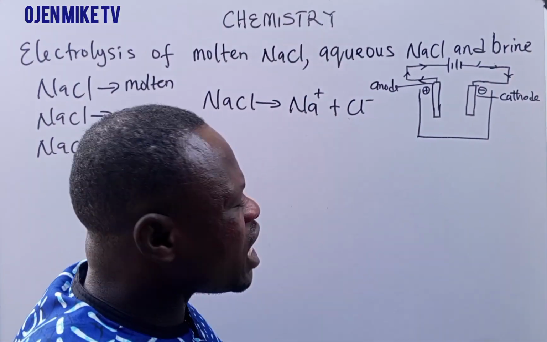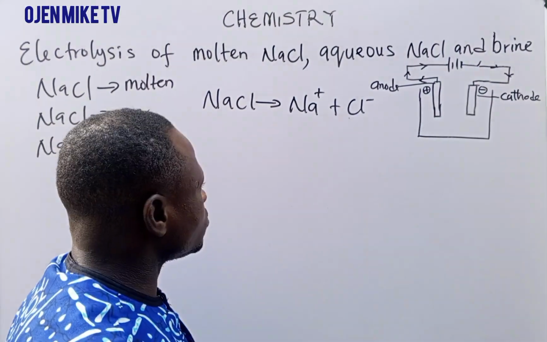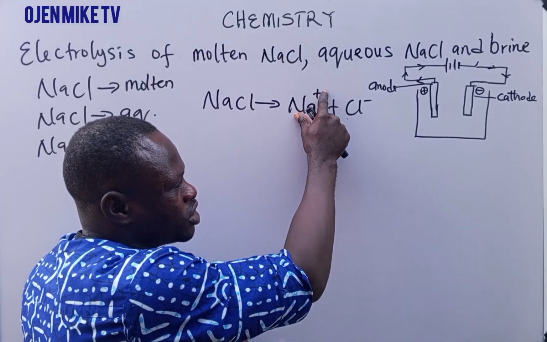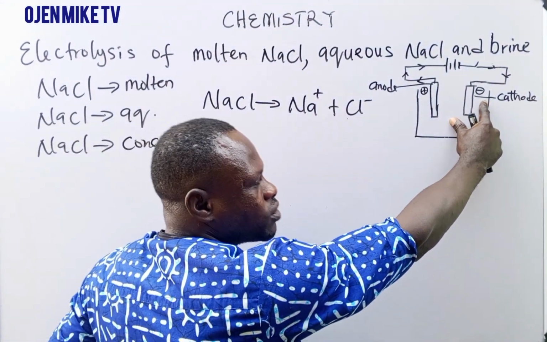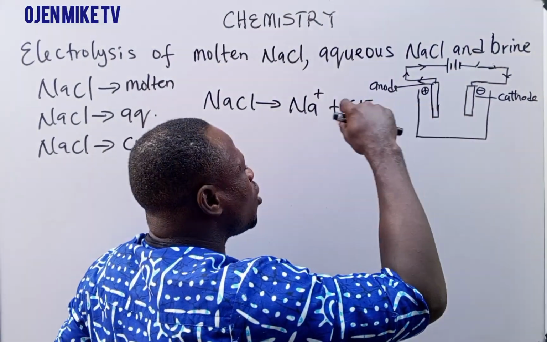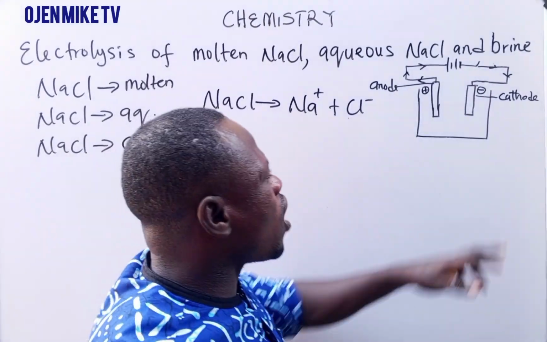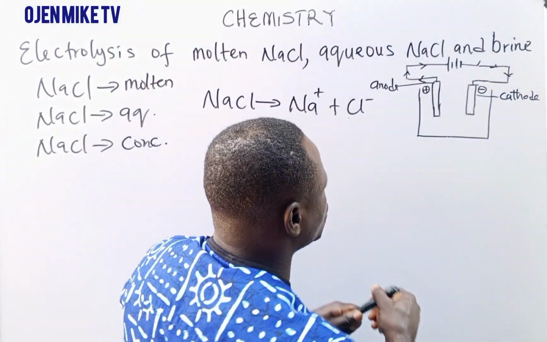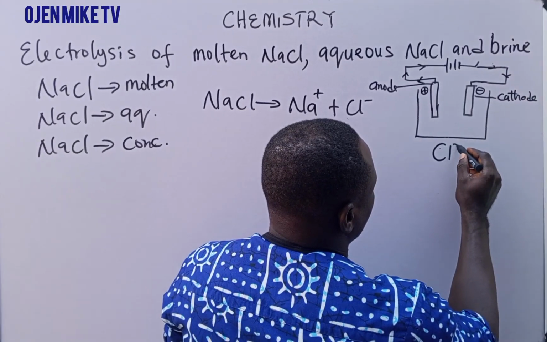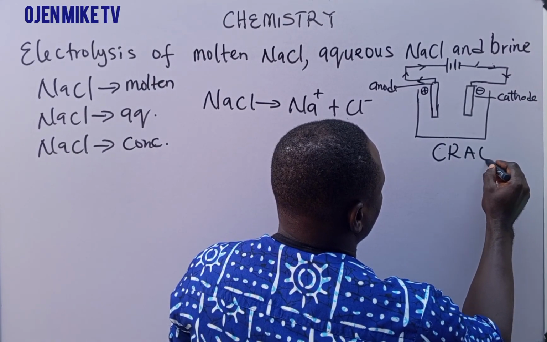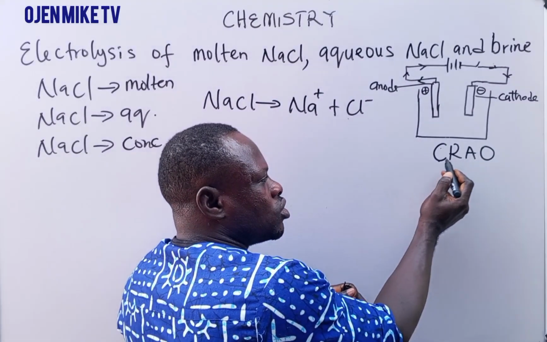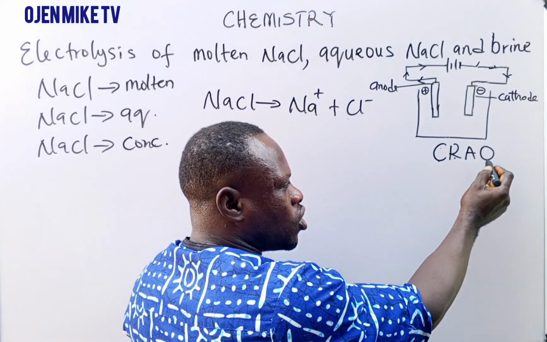Now, what is the equation form? Sodium here is positive, so it will migrate towards the cathode. Are you following? And remember, reduction occurs at the cathode and oxidation at the anode. Cathode, reduction. Anode, oxidation.